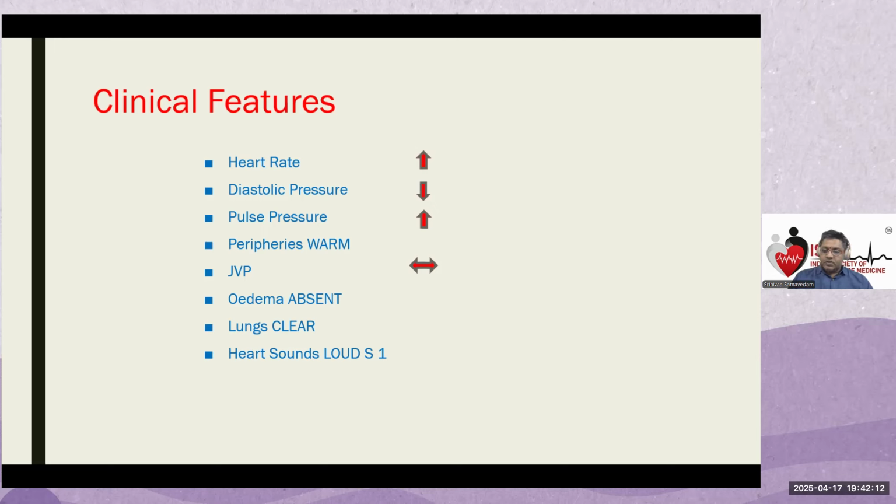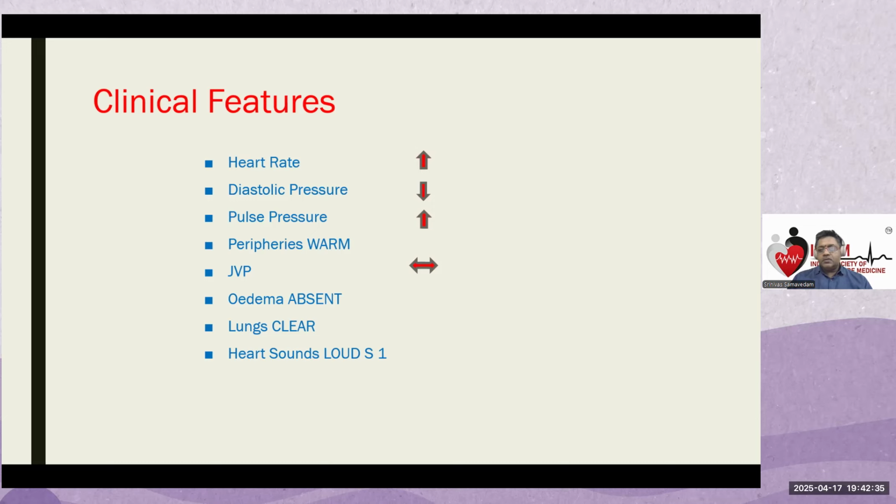Because there is vasodilatation, the diastolic pressure is very low, as a result of which there is a widened pulse pressure and the peripheries are warm. Because of the relative hypovolemia, you don't find an elevation in jugular venous pressure. Gross edema, like hepatojugular reflux, pedal edema, and sacral pitting, is usually absent.